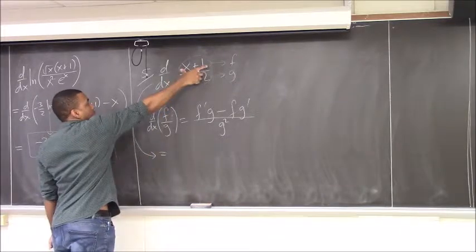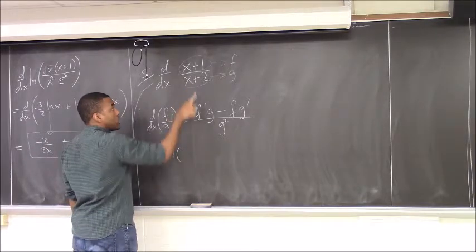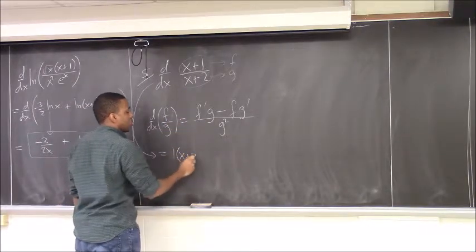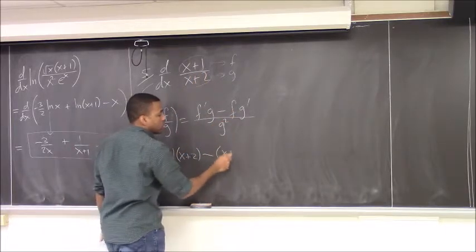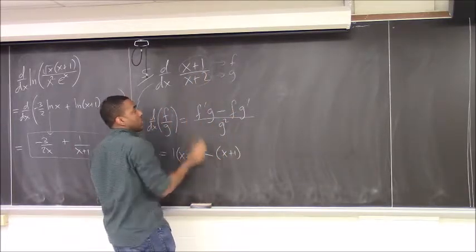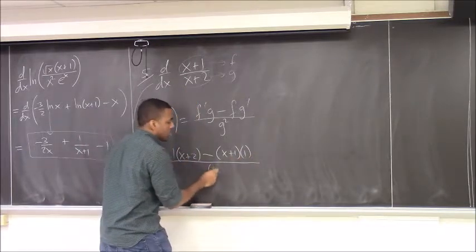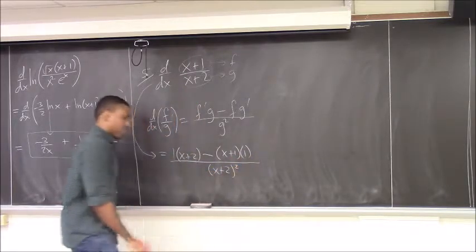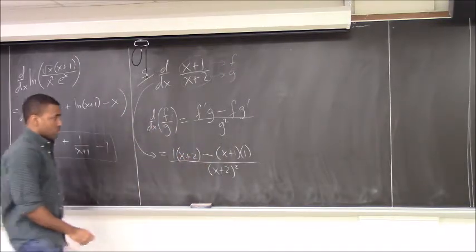The derivative of f is 1 times the g, so that's x plus 2, minus the f, which is x plus 1, times the derivative of the g, which is 1, over the g squared. Order matters here. If you did it in the wrong order, you would get the wrong answer.